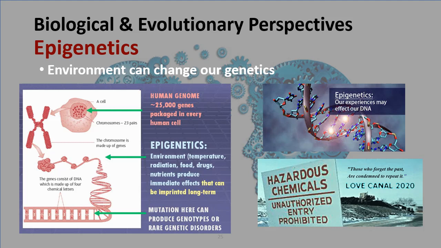So stuff that we actually do or take into our bodies, whether on purpose or by accident, can change us. The best example I can give you is that long ago in the 1970s, there was an area along the Erie Canal called the Love Canal up in northern New York.